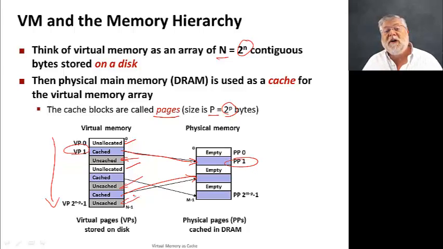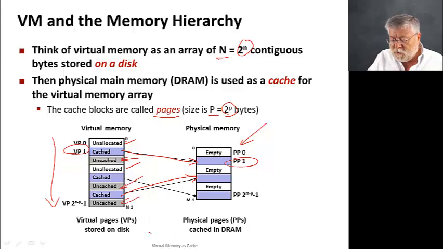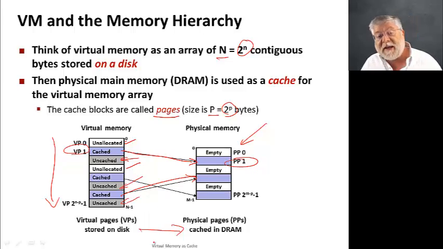In other words, they are space we're using in virtual memory, but we haven't gotten it to our physical memory yet. We haven't found a place to put it, or we haven't needed it yet. And so it's still sitting there on disk. We haven't yet moved it to the dynamic RAM, the physical memory of the computer system.